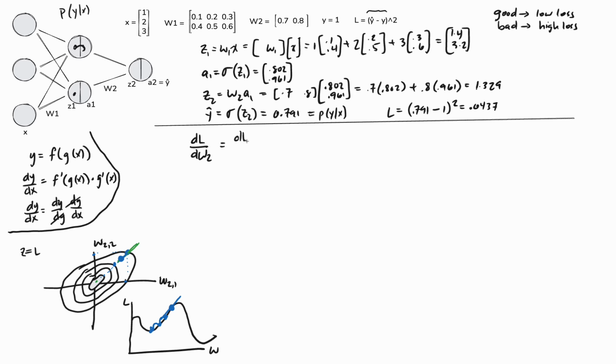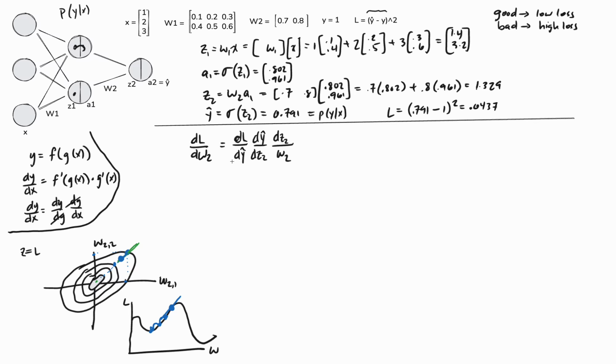So we'll say the derivative of the loss with respect to its input, which again was this y hat, multiplied by the derivative of y hat with respect to its input, which was z2, multiplied by the derivative of z2 with respect to its input, which was w2.